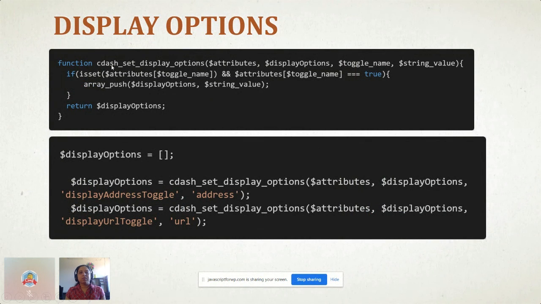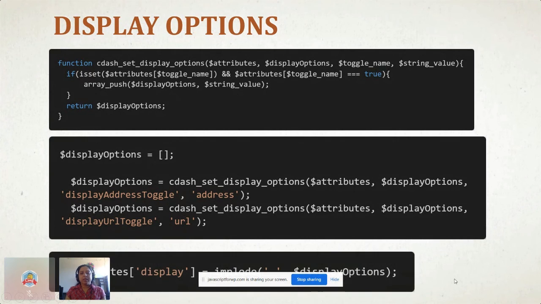That's what this function does. It takes in the attributes, options, the toggle name, which is the address toggle, URL toggle, and the corresponding string value for each of my display options. If the display option is true, I add the string value into the display options. And if it's false, it gets deleted from the display options.